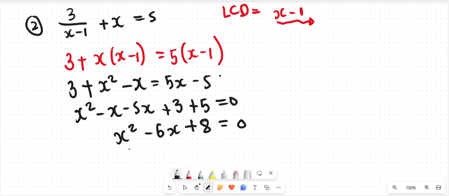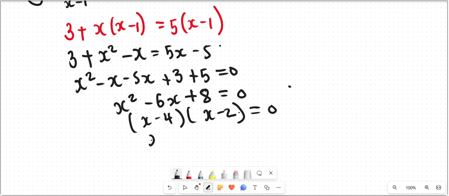Now I have it in standard form. I could just factorize this. Factors of 8 that add to give me a negative 6 are a negative 4 and a negative 2. So I could just say x is equal to 4 or x is equal to 2. And these are our solutions.